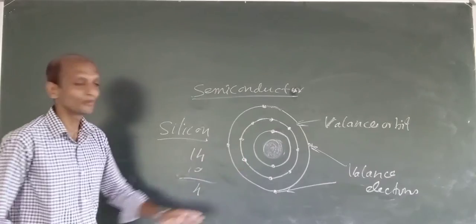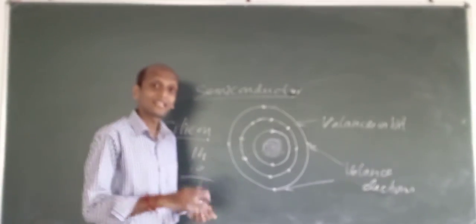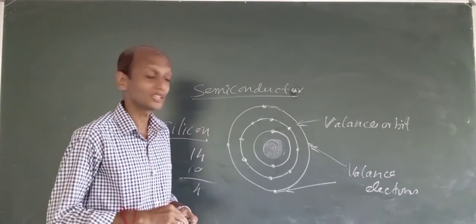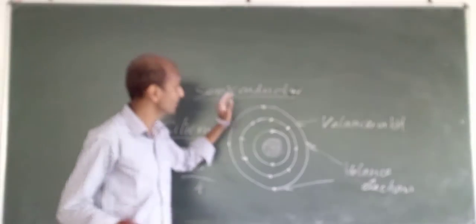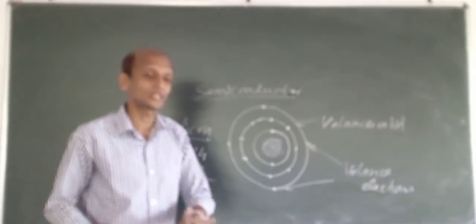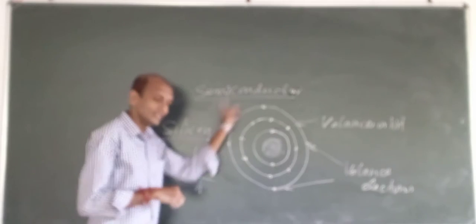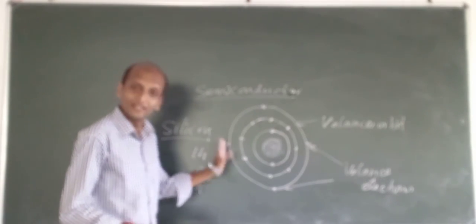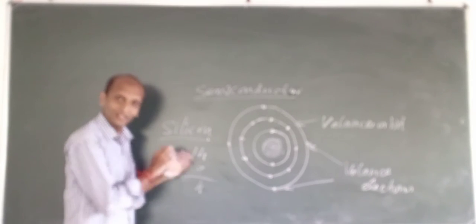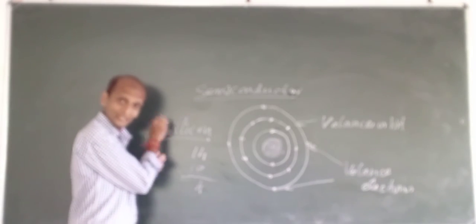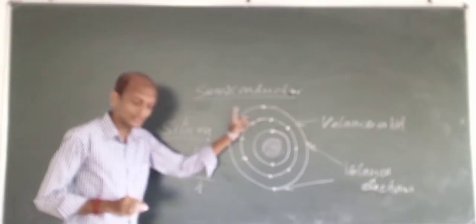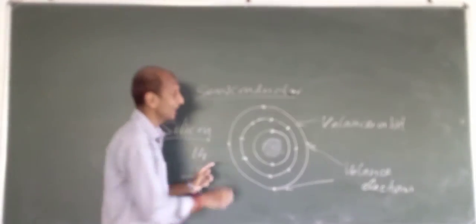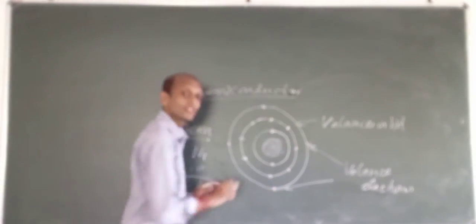This is how your atomic structure will be. As I said, there will be only 4 valence electrons on the outermost orbit for a semiconductor material. We have seen with an example, silicon, how this material has only 4 valence electrons.